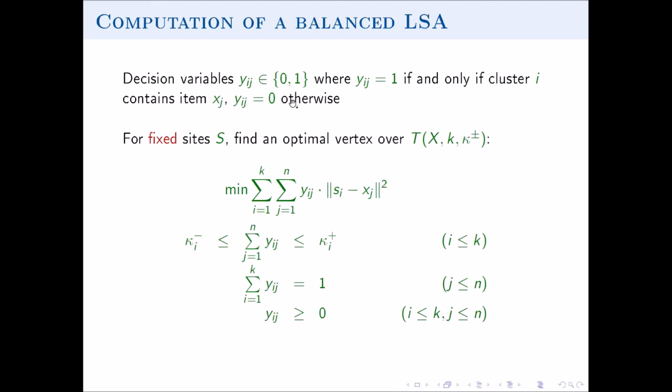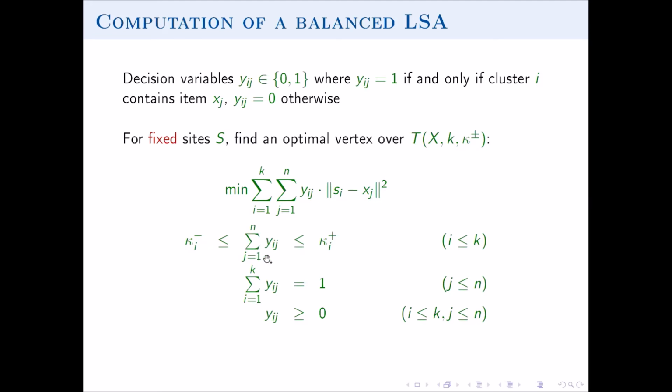And if so, you choose a 1. If not, you choose a 0. And that means for fixed sites, we're searching for an optimal vertex over a polyhedral region, which is called T, for transportation polytope, because the constraints that we form here are very similar to a classical transportation problem.